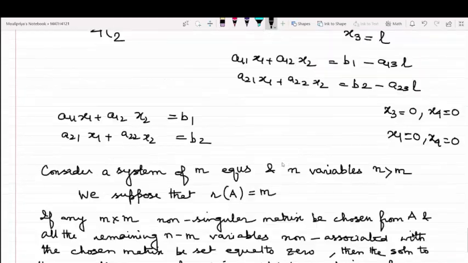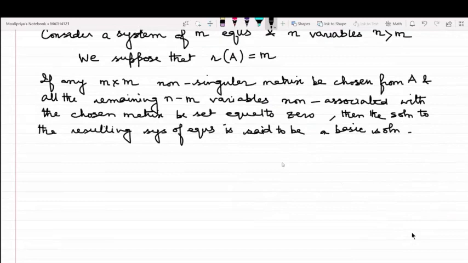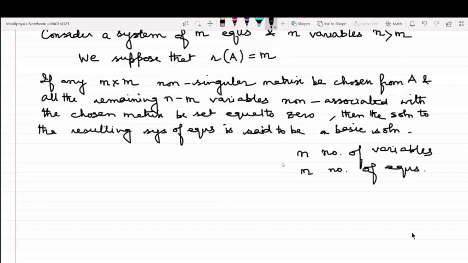That implies, for an n cross m system, n being the number of variables, m being the number of equations, then in how many ways? nCm, correct.